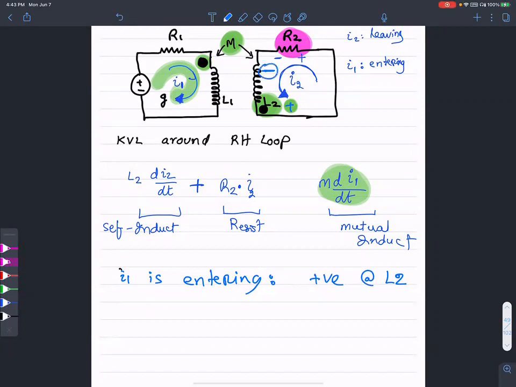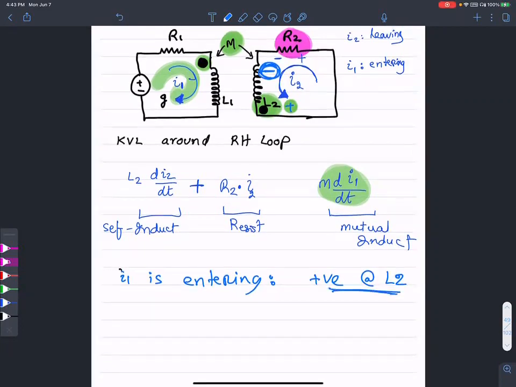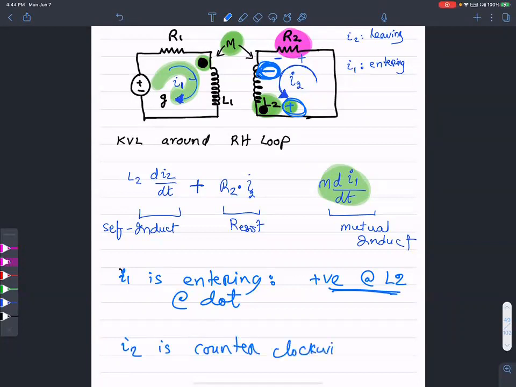L2 is positive, meaning the other voltage is negative. Now this positive and negative has to be correlated along the direction of I2. Because I2 is counterclockwise, when you're writing the KVL, it sees a negative voltage. That's the reason why we end up with a negative voltage.